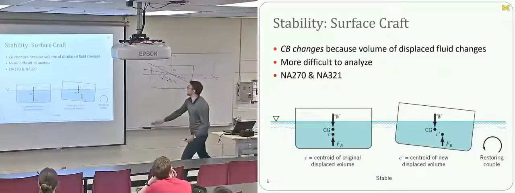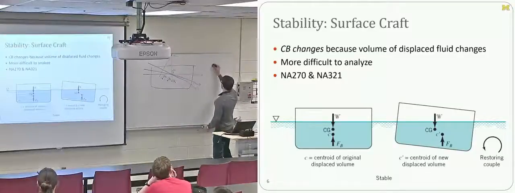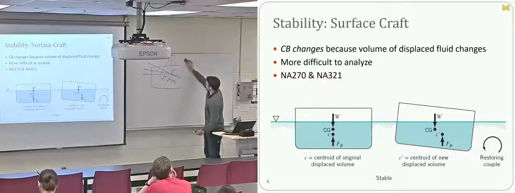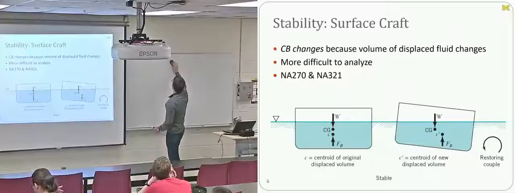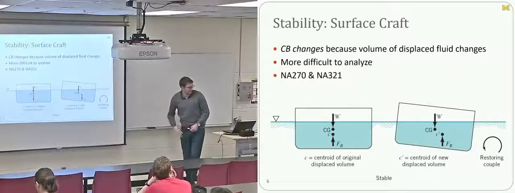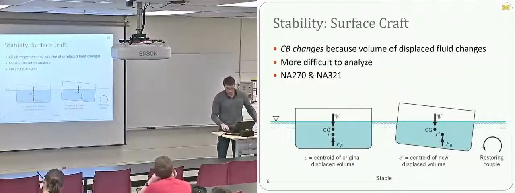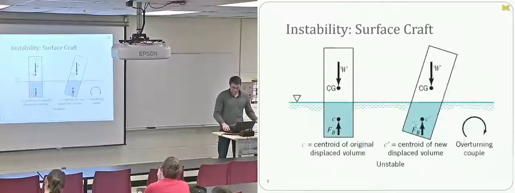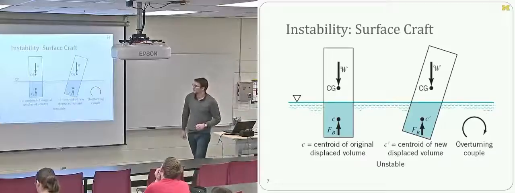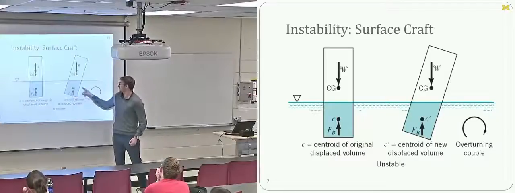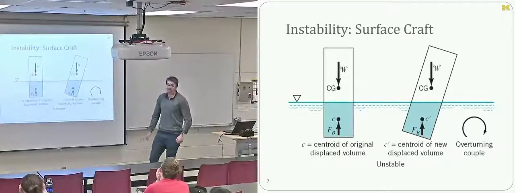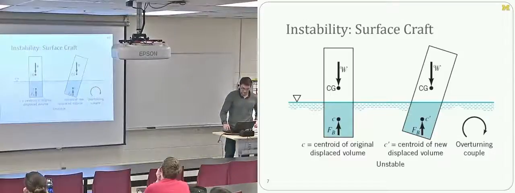And that is as far as I'm going to go into surface vessels. If you do the reading, you will notice that the authors of the textbook do, and here's an example of that spar that I showed where the center of buoyancy didn't move far enough out this way to counteract the weight through the center of gravity.